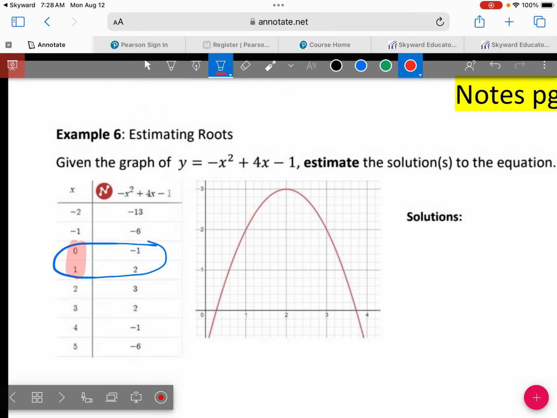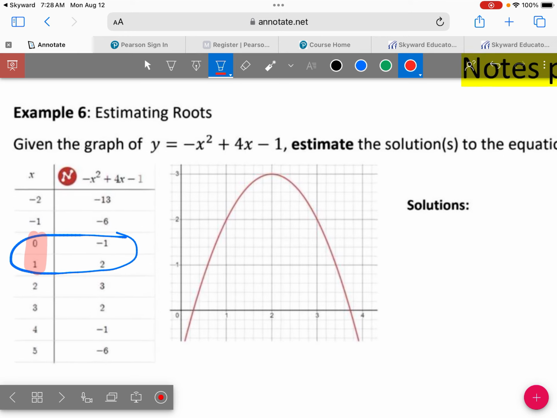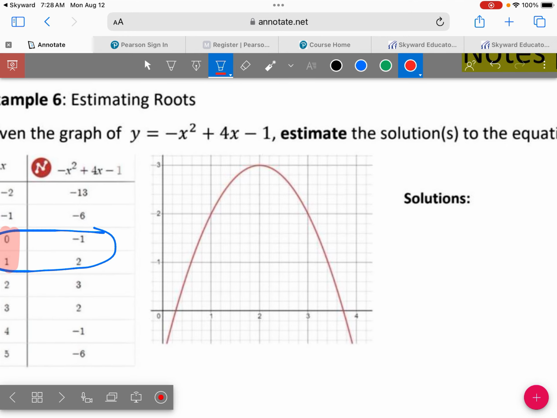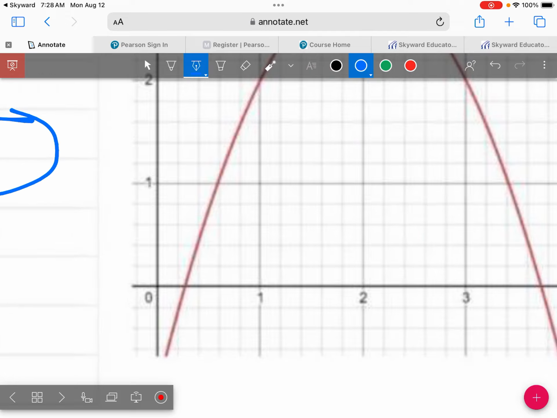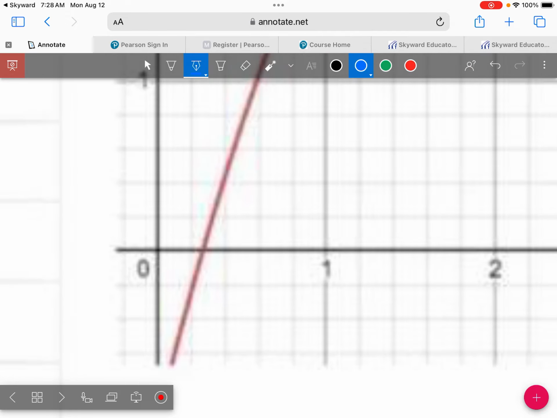So it's asking us to actually estimate it. So let's go ahead and estimate it. We know that our first solution is between 0 and 1. So give me a number that we think it could be. Do we think that it's more than halfway or less than halfway?